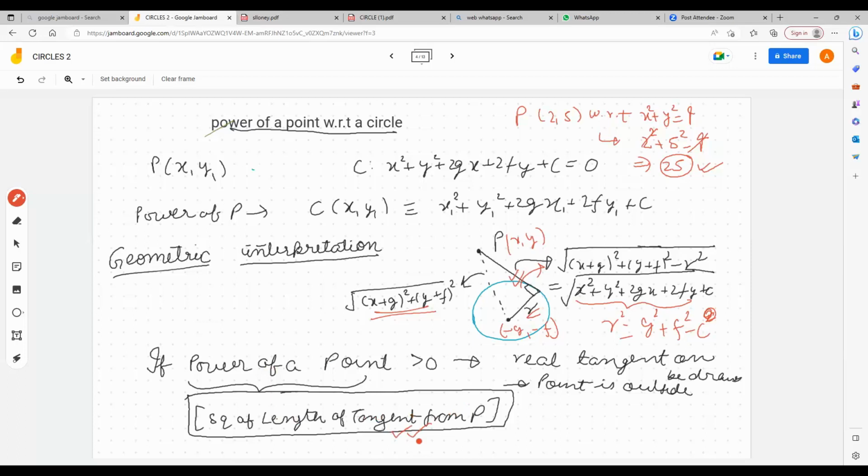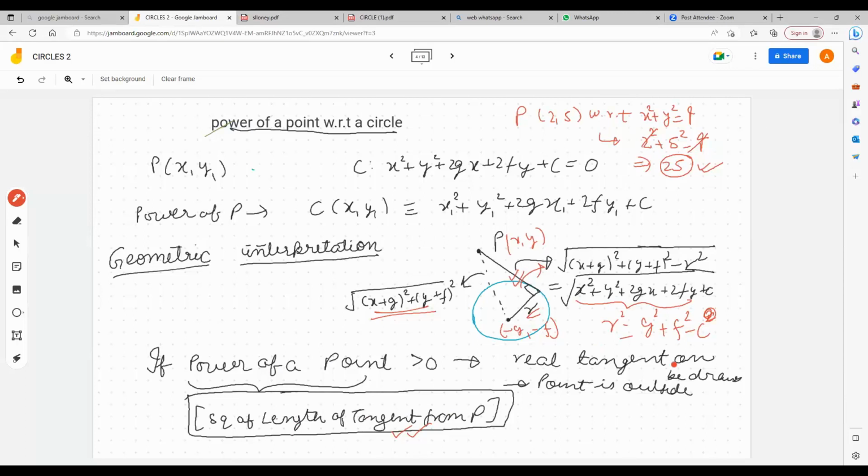Now there is also a very good interpretation of it. What we did earlier was to know the position of a point P with respect to a circle. For example, if P lies outside the circle, then we said that when you put the coordinates of P in the equation of the circle, it turns out to be positive.